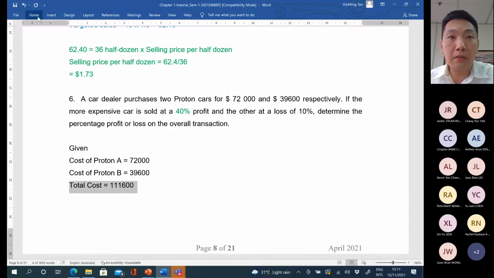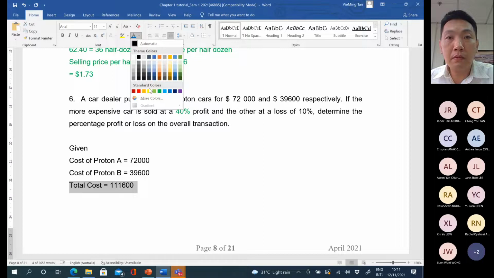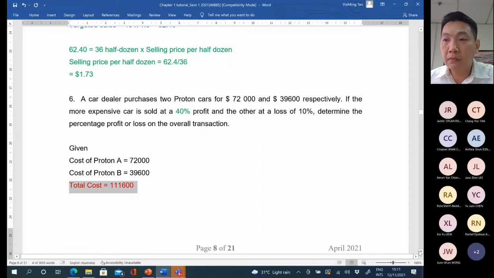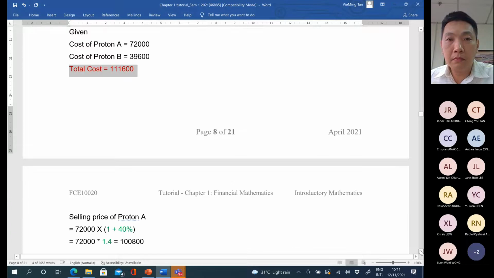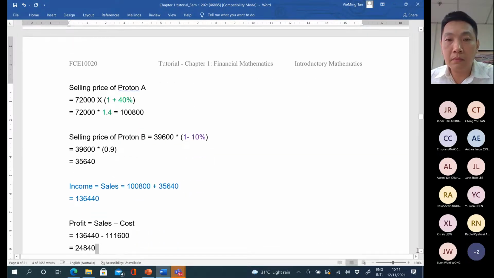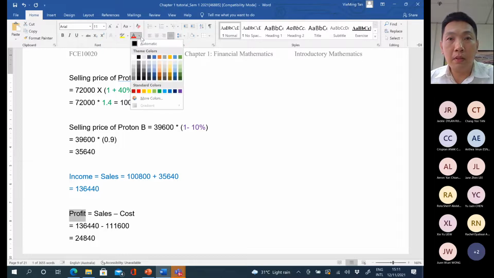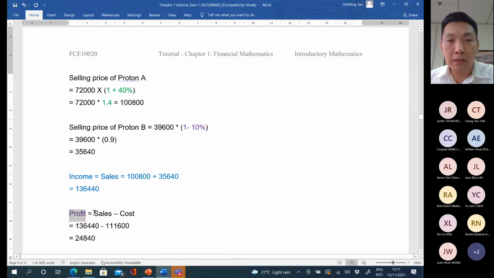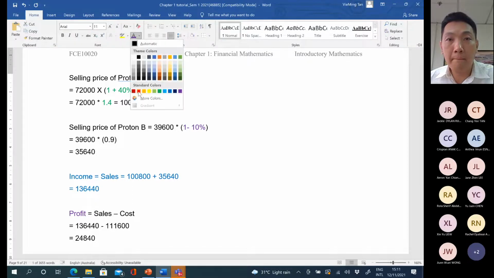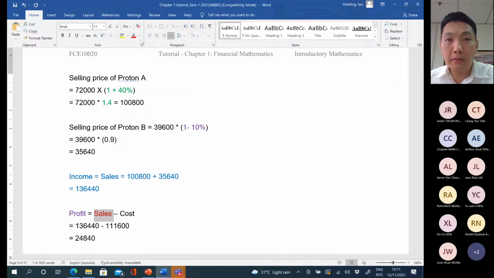So for profit, I use purple. It's using the blue color, the sales, minus the cost.